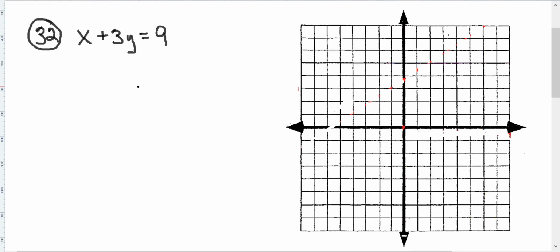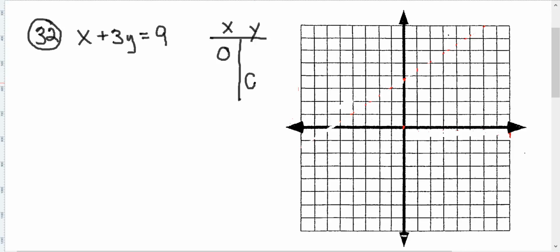Okay, number 32. Okay, x plus 3y equals 9. Oh, here's the t-chart. Gotta have that. Okay, and here, because the x and the y are on the same side of the equal sign, that's the clue to use the intercepts, meaning when x is 0, what is y going to be?